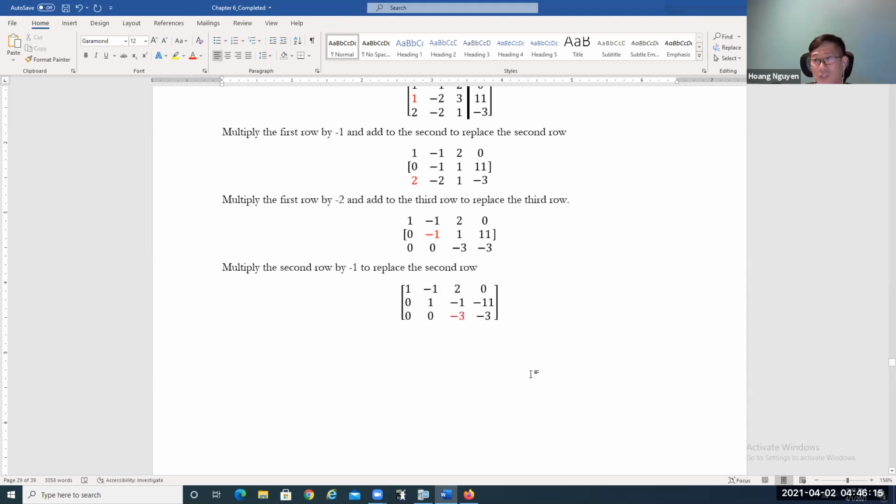But we don't want that -3; you have to make that equal +1. So to make this element equal 1, I'm going to divide by -3. I will divide the third row by -3 to replace the third row.